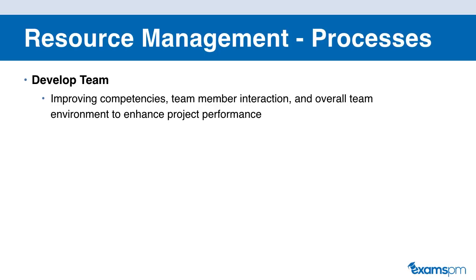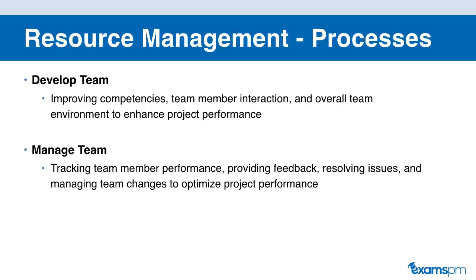This process is all about improving competency, team member interactions, and the overall team environment in order to enhance your project performance. Once you have developed your team, you also have to manage them. This is about tracking the team members' performance, providing feedback to them, resolving issues, and managing changes to your team in order to optimize your project performance.